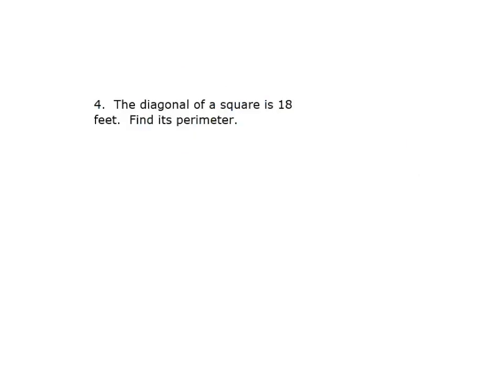On question 4, we're talking about the diagonal of a square. So if I draw in a square and I input the diagonal, it says that this diagonal has a length of 18 feet, and we're asked to determine the perimeter.